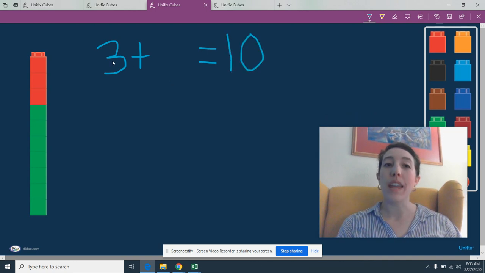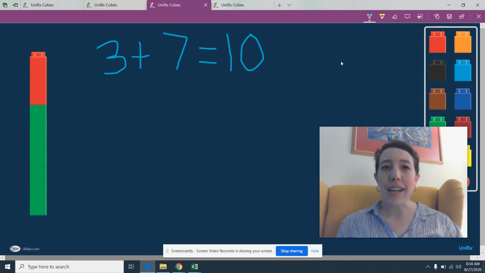So if I know that I have 3 here and I have 10 altogether, then these green Unifix cubes make 7 Unifix cubes. So listen, if you have 3 plus 7 equals 10, I want you to meow like a cat.